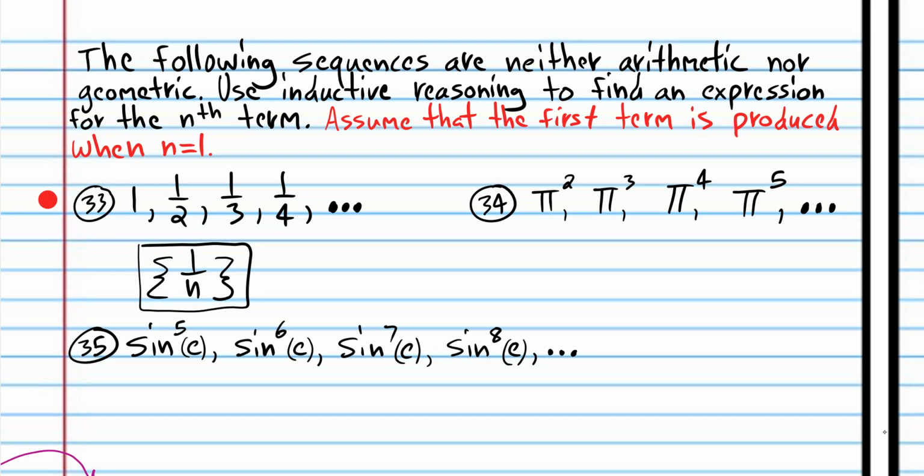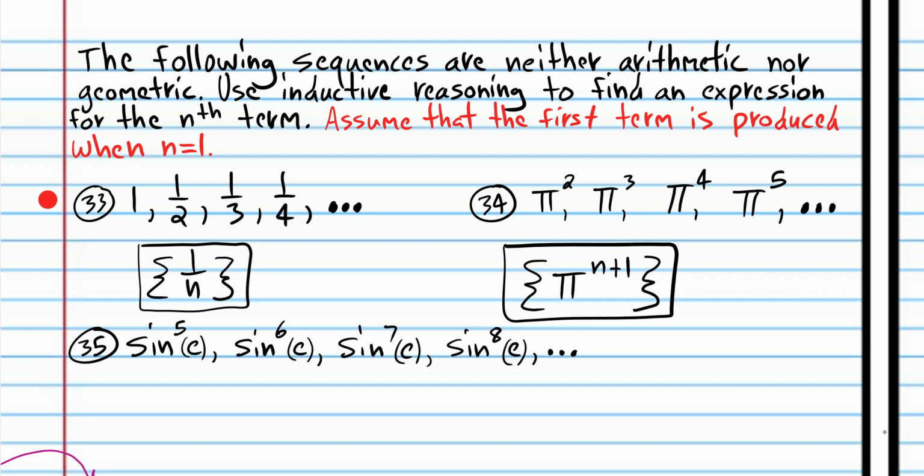So here we have the same thing. We're going up by 1 each time in the exponents, but we're starting at 2. If we started at 1, we would just write pi to the n power. But because we're starting at 2, we write pi to the n plus 1 power. And the reason that works is because if you plug in 1, you get 2.